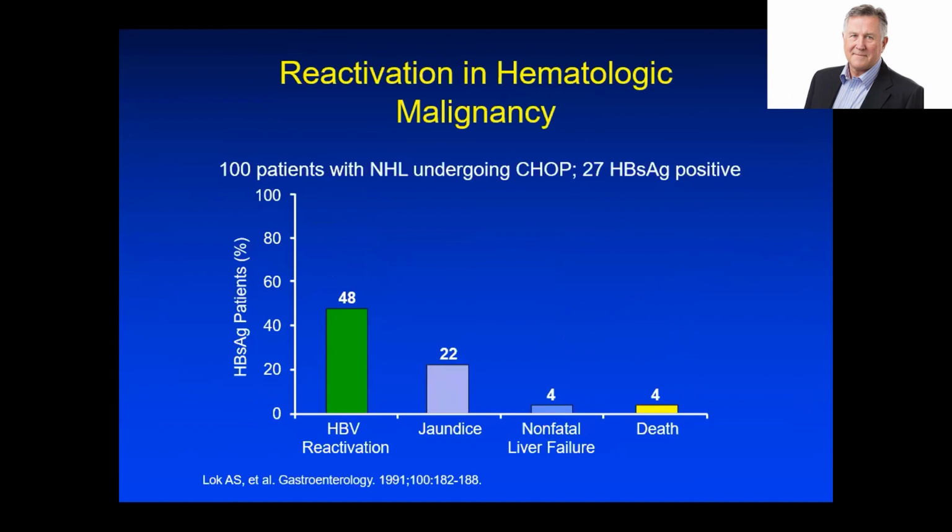When they looked at the 27 surface antigen positive patients, almost half of them reactivated. A quarter of them became jaundiced. 4 of them had non-fatal liver failure and 4 of them died. And we still occasionally see deaths with chemotherapy because patients are missed with this. And it tells you what happens if you don't get this right. Next slide, please.